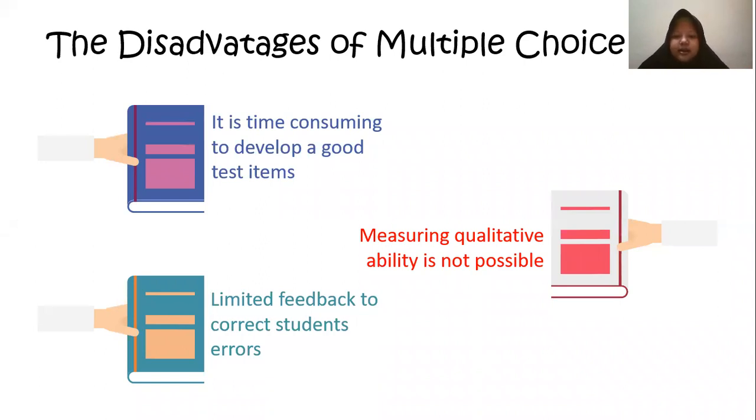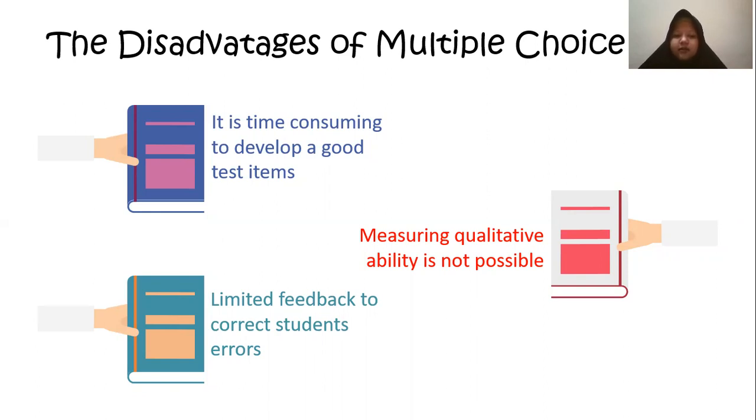And then the second, measuring qualitative ability is not possible. It means, as I said before, this test item is accurate and objective. So the teacher cannot measure qualitative ability like student behavior in the MCQ.